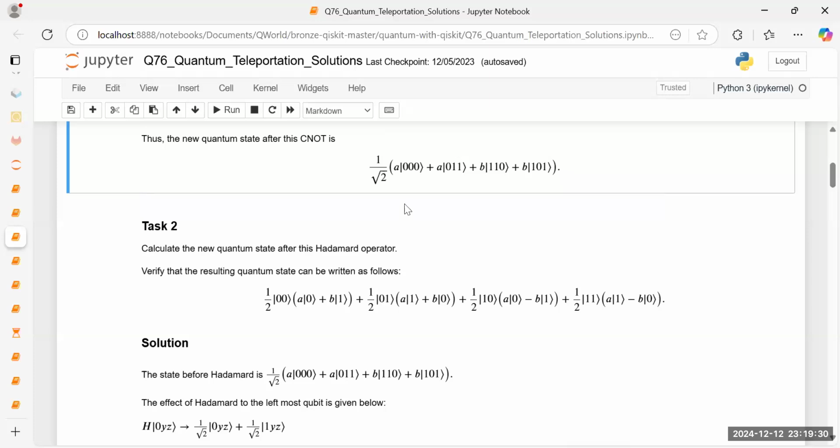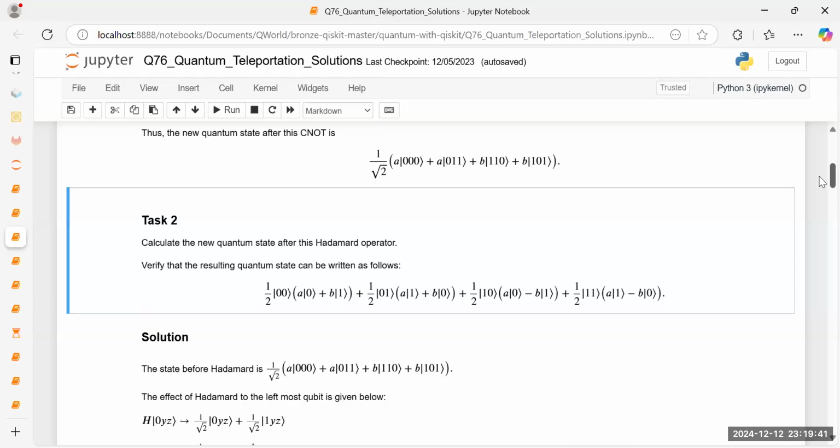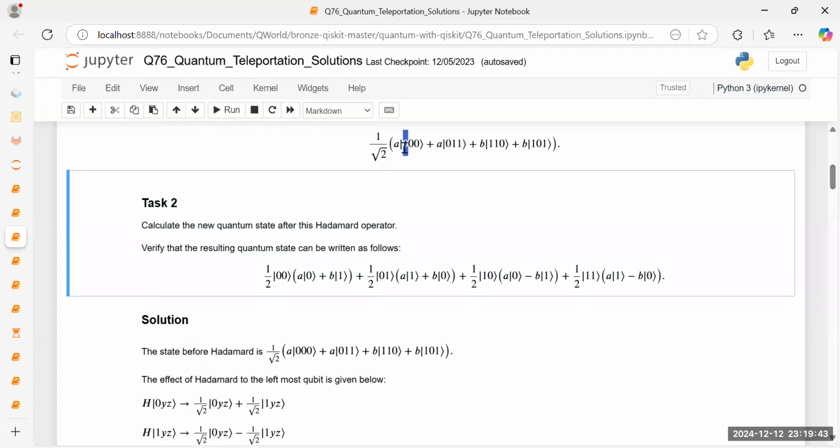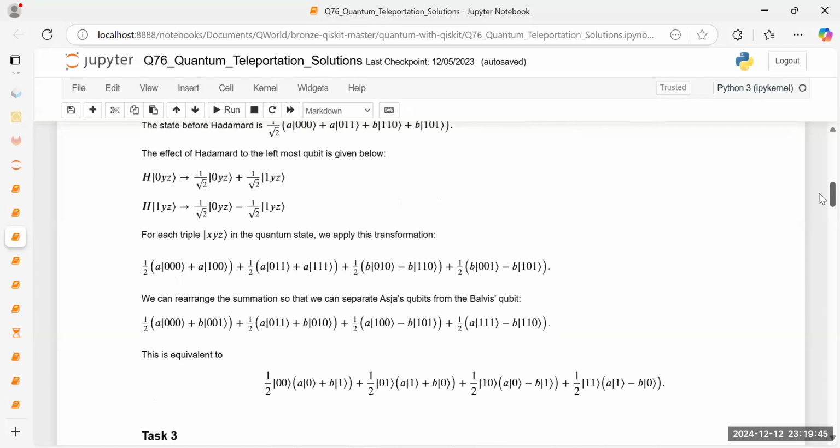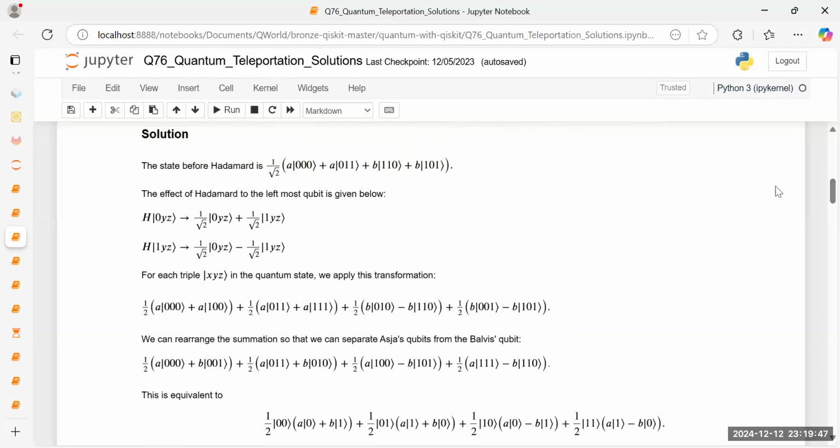Okay, so once we apply the Hadamard operator to the first qubit, this is where we do that.